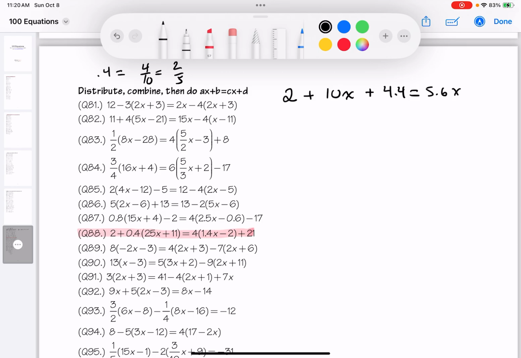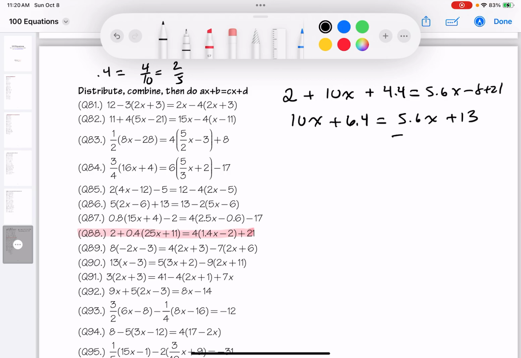X minus 8 plus 21. We're kind of varying things up a little bit. This is 10x plus 6.4. And then what do you get? You get 5.6. And then minus 8 and 21 is going to be, let's see, 13, right?